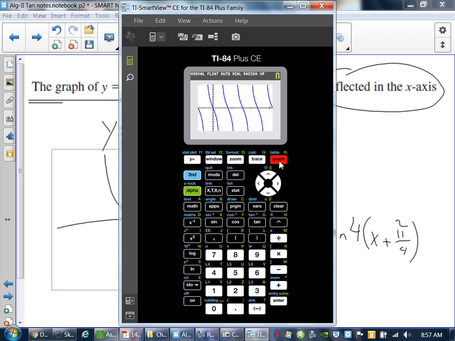I forgot to add, the photocopier didn't add this page in for you guys, so I apologize. You just write down what it says. Identify this, identify that.